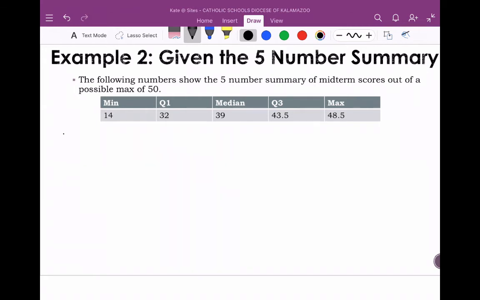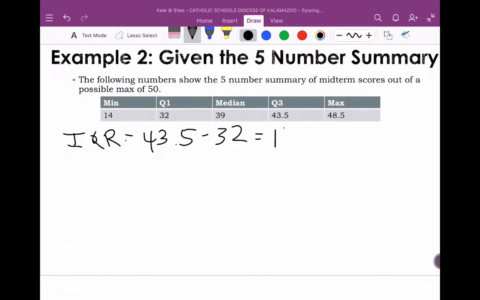So again, the first thing I do is calculate my IQR, which is going to be 43.5 minus 32, which is equal to 11.5. Then I do 1.5 times my IQR, and I end up equaling 17.25.